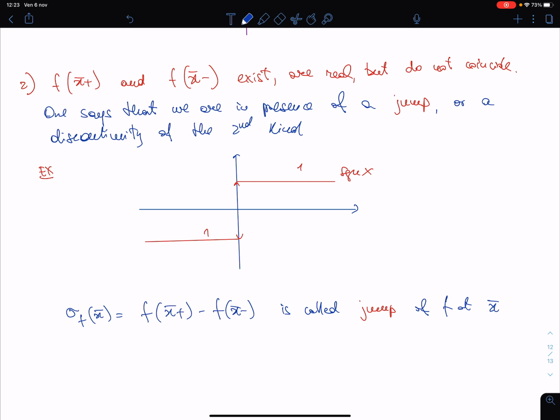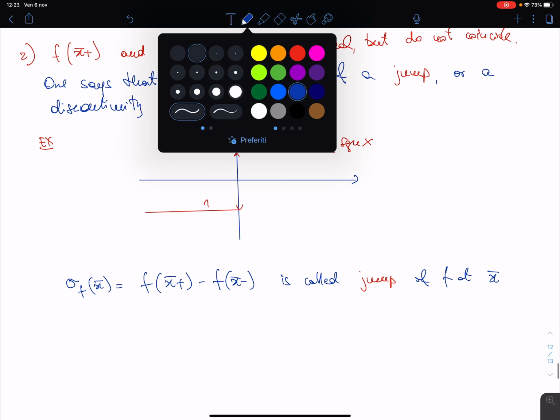And the last is the third kind of discontinuity.